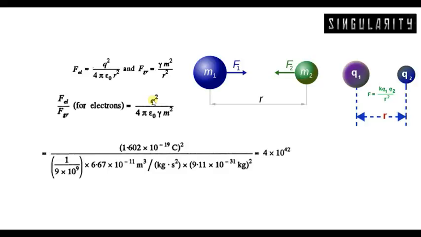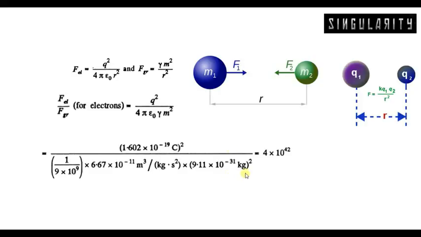So q for an electron, as we all know, is 1.602 into 10 raised to the power minus 19 coulomb. The constant k is equal to 1 upon 4 pi epsilon naught, which is 9 into 10 raised to the power 9. The value of gamma, the gravitational constant, is 6.67 into 10 raised to the power minus 11, and the mass of the electron is 9.11 into 10 raised to the power minus 31.